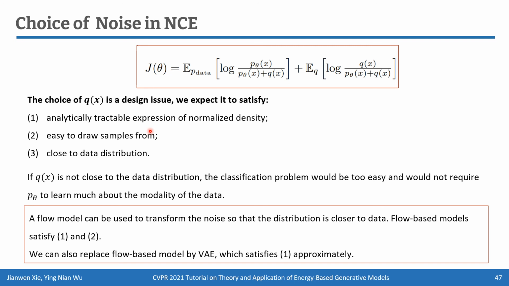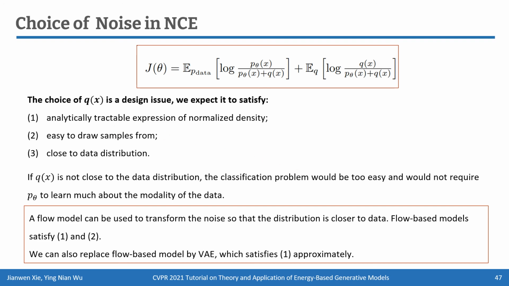In fact, I'd like to emphasize that we can also replace the flow-based model by a variational autoencoder. It also satisfies analytical tractability approximately, because there's an extra layer of approximation by the approximate inference model. But again, we can use a VAE as our Q, the noise distribution.